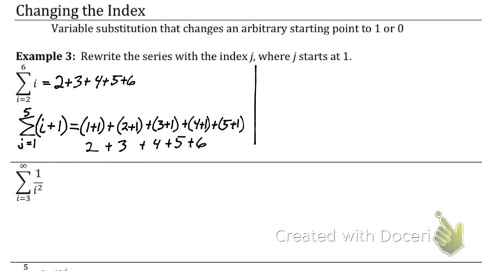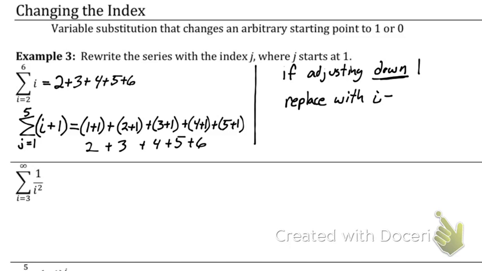I just put, if adjusting down 1, so I'm going down in value, I am going to replace I with I plus 1.